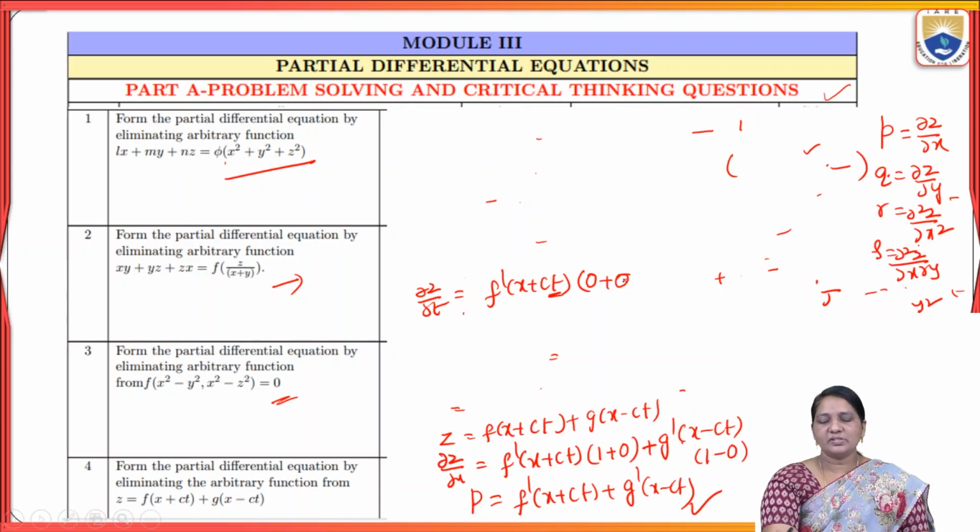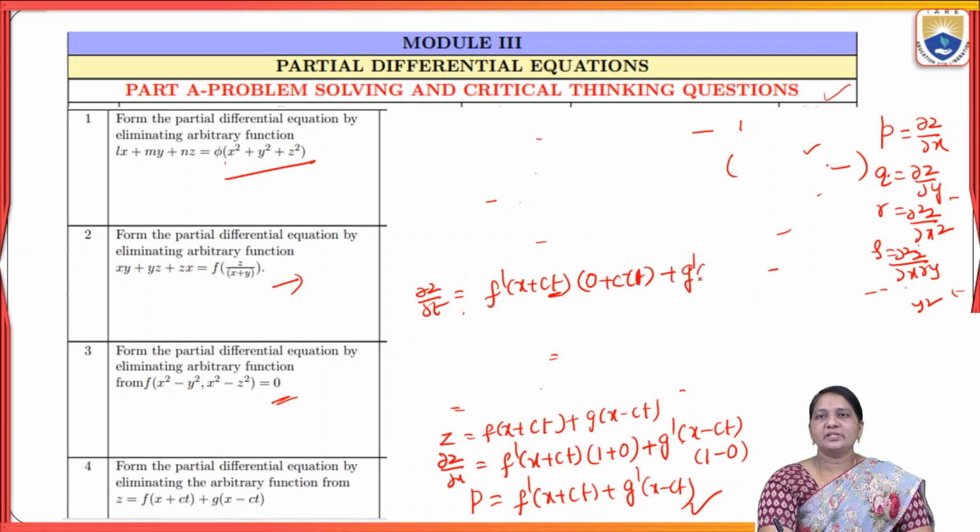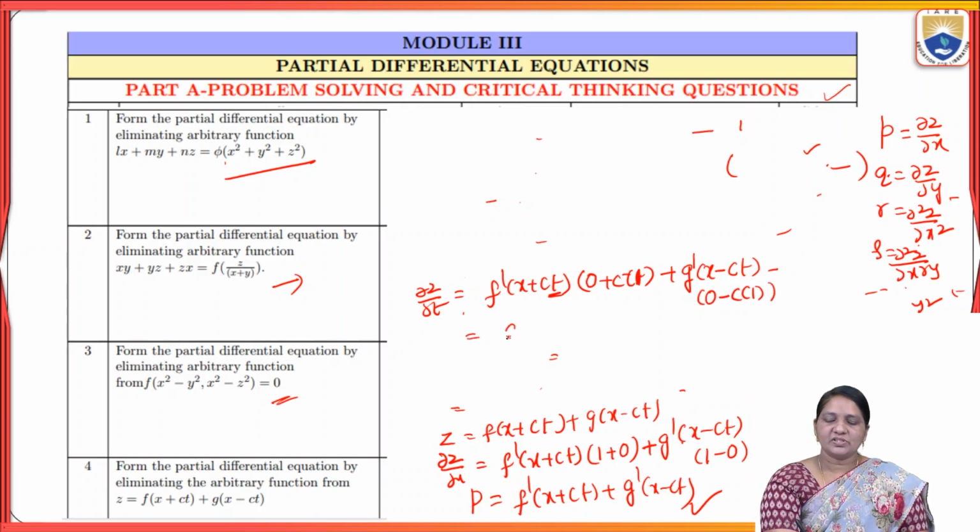Now the x value is 0, c is the constant and the t value is 1. So plus g derivative is g dash of x minus ct. So the x value is 0 minus c into t derivative is 1. So finally c into f dash of x plus ct minus c into g dash of x minus ct.